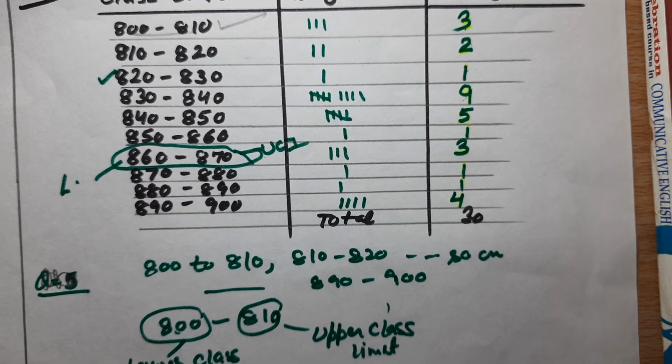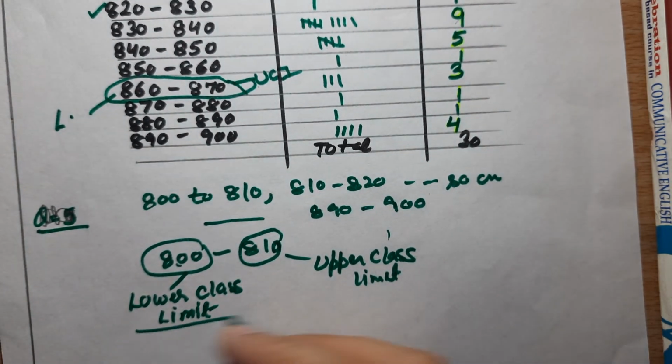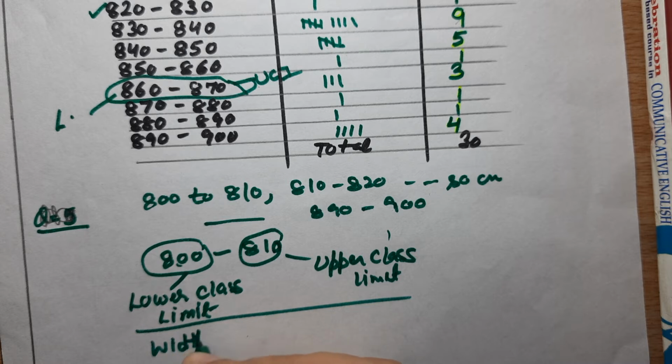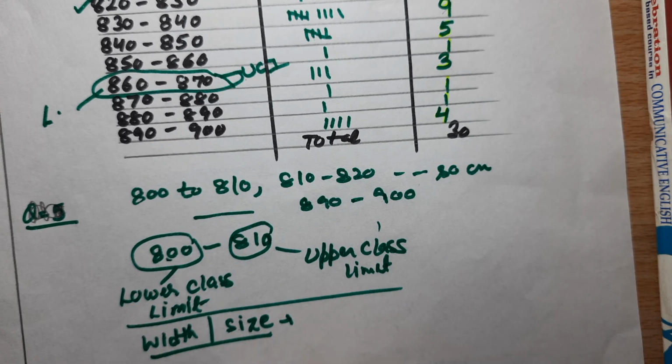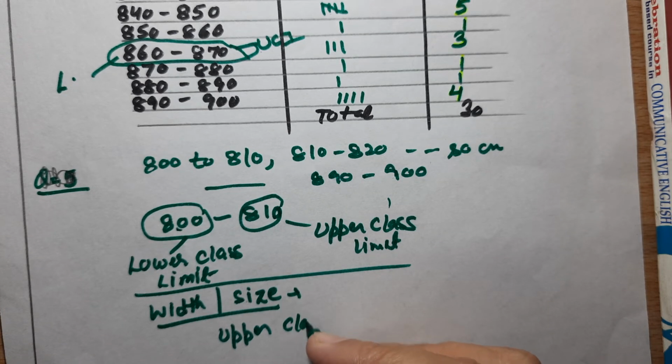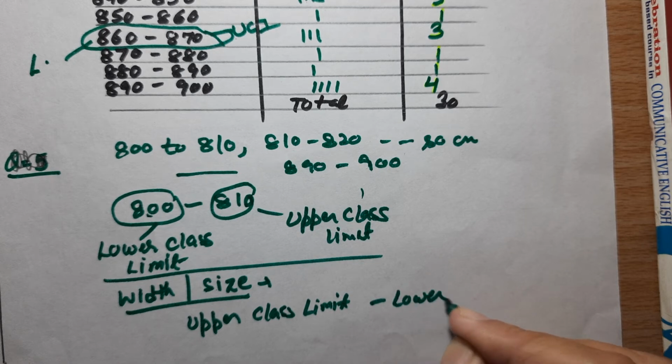Now we have to find the width or the size of the class interval. For it, we will find the difference between the upper class limit and the lower class limit. Just check for any value. For the first interval 800 to 810, what is the width or the size? That is equal to upper class limit minus lower class limit.